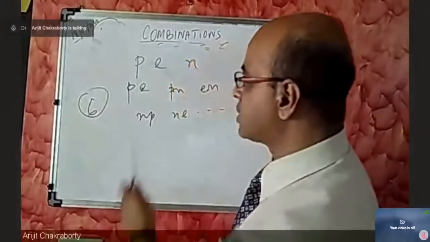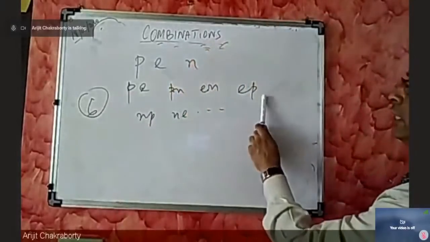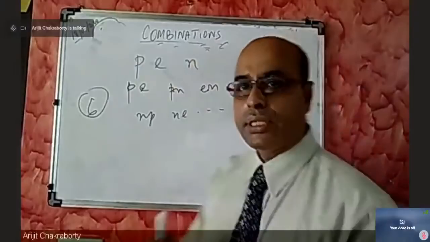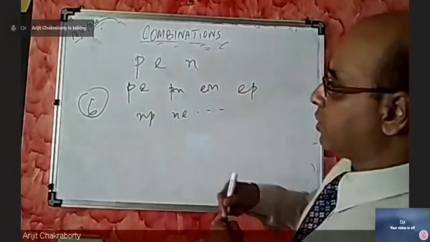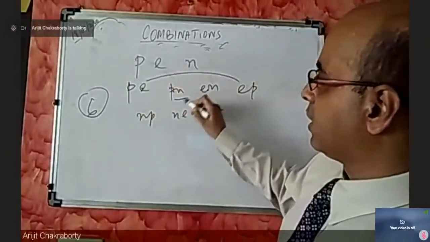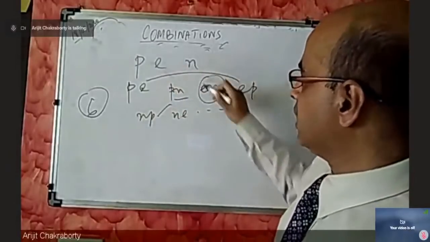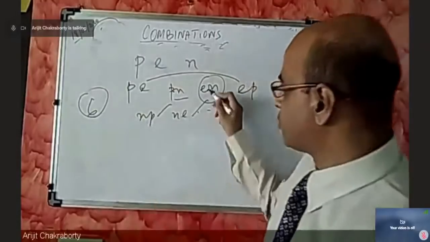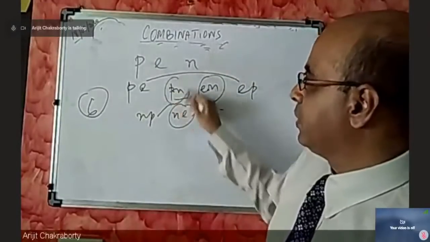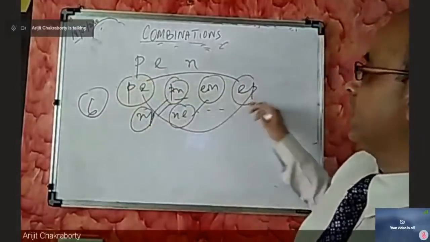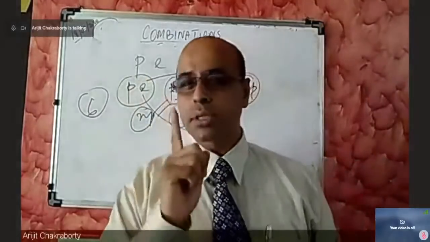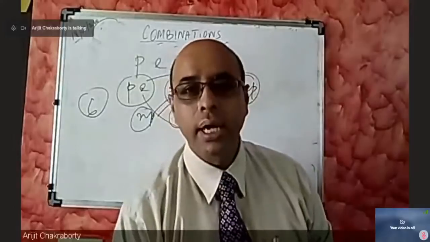So these PE, PN, EN, EP, NP, NE, these are all PE, EP. So it is interchanged. PN, NP, EN, NE, interchanged. So this and this are interchanged. PN and NP are interchanged, and PE and EP are interchanged. But we have got 6 separate arrangements.